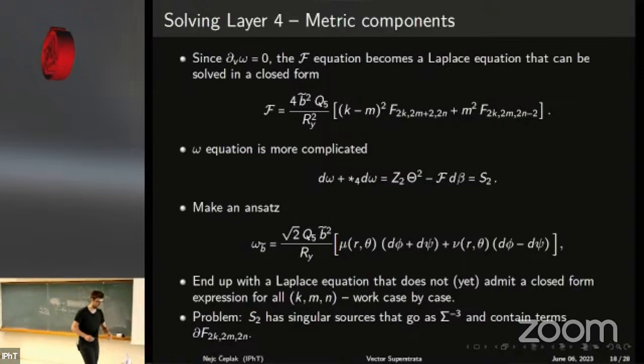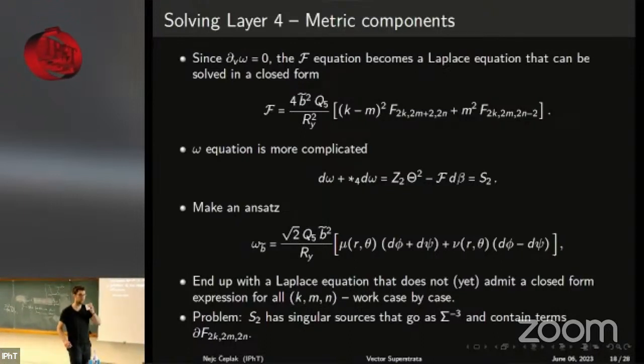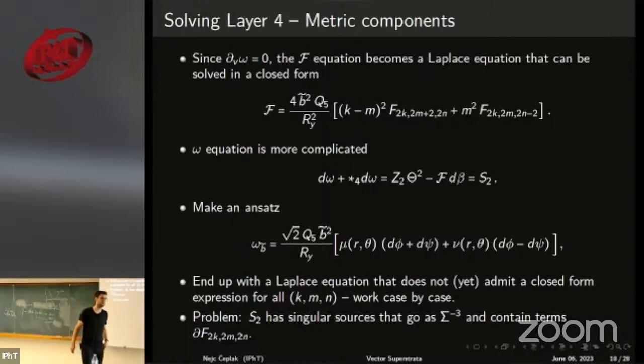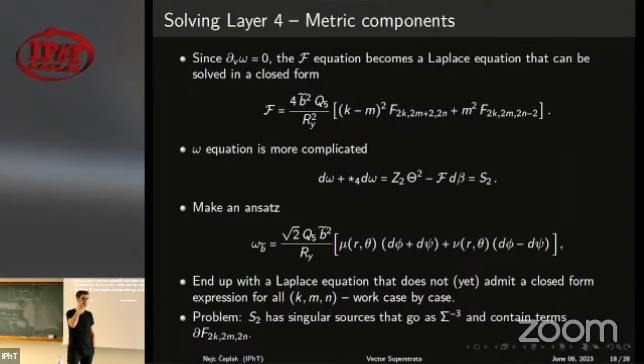In the simpler examples where you just have gravity and tensor multiplets, the structure of the linear equations at, I think, the second layer is that you're solving some Laplace equation for the omega and f with sources that are quadratic in some previous step.